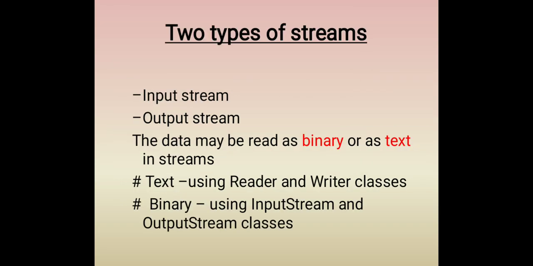So there are two types of streams as we have seen in the earlier slide, input stream and output stream. And the data will be of two types. One is text data, another one is binary data, right? Usually text data will be handled by reader and writer classes and binary data will be handled by stream classes.